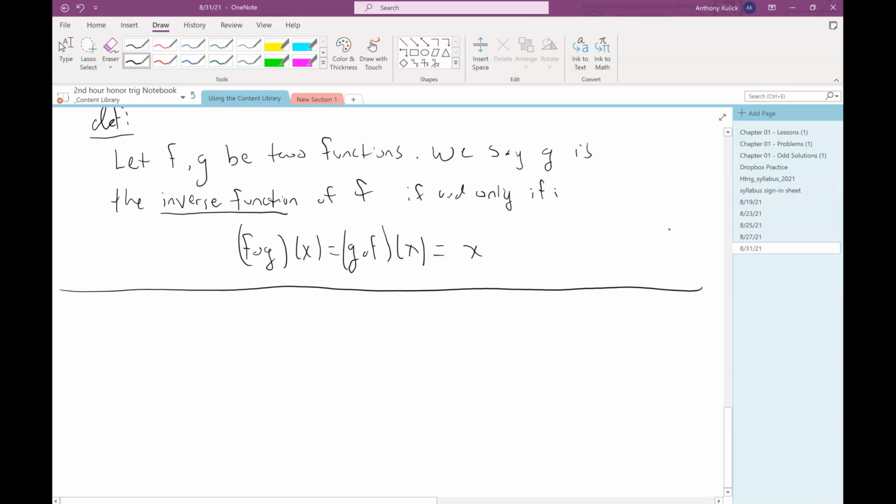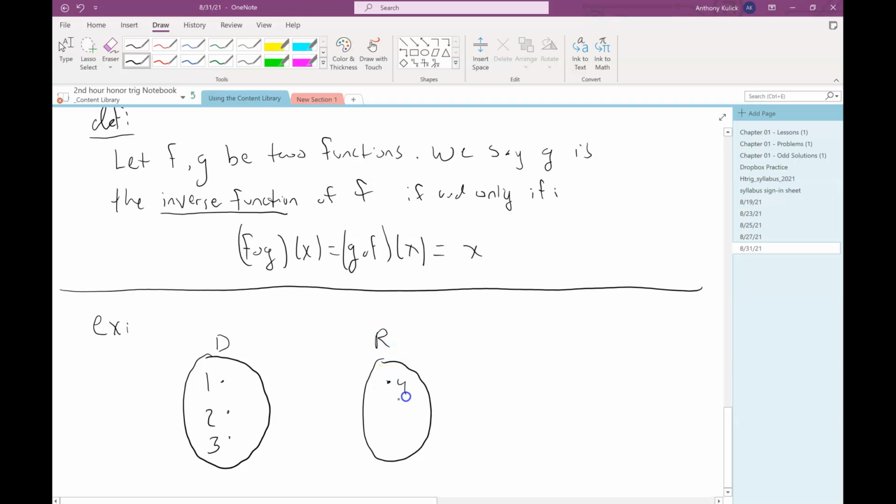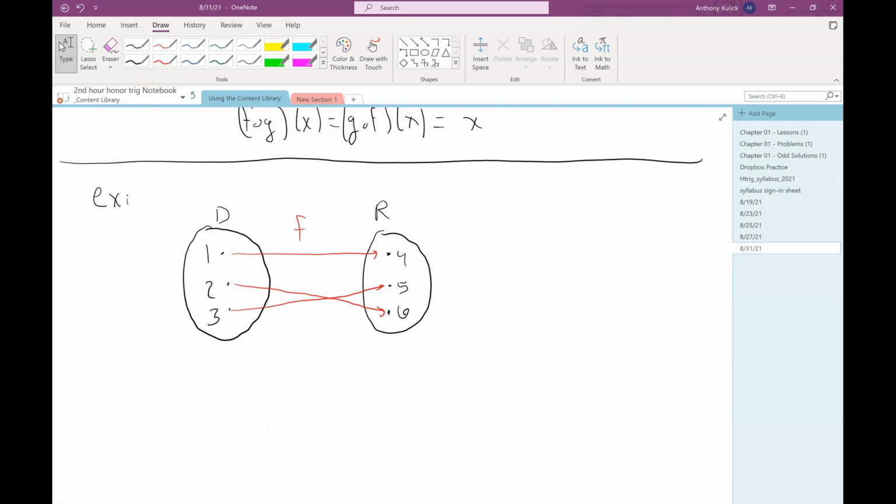So if we take a look at a mapping diagram, this mapping diagram represents some function f, right?